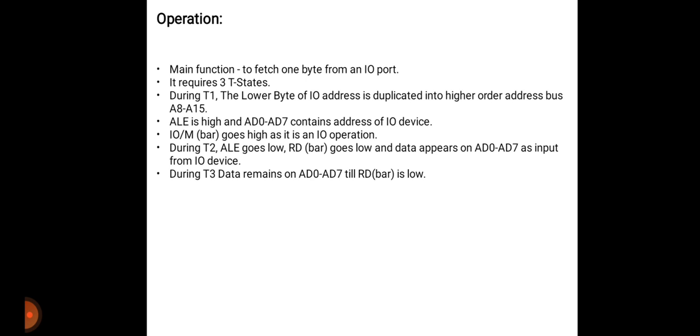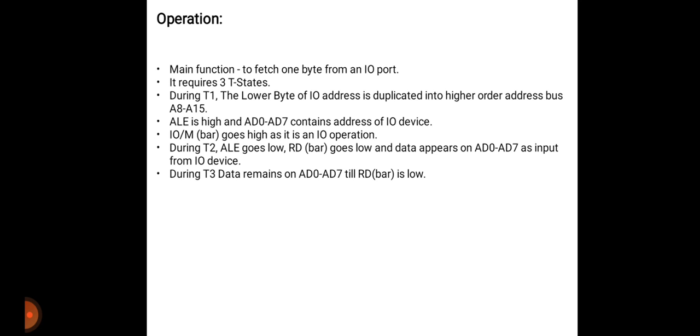Then during T2 state, ALE goes low when RD bar goes low, means logic 0, and data appears on the AD0 to AD7 as an input from the input output device. Then during T3, data remains on AD0 to AD7 till RD bar is at logic 0 or low.